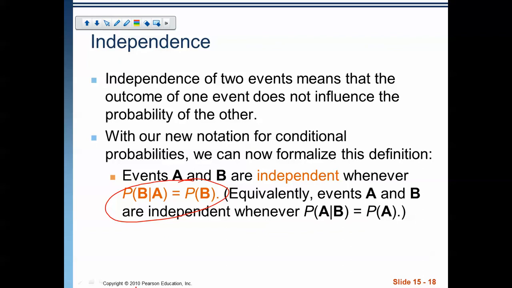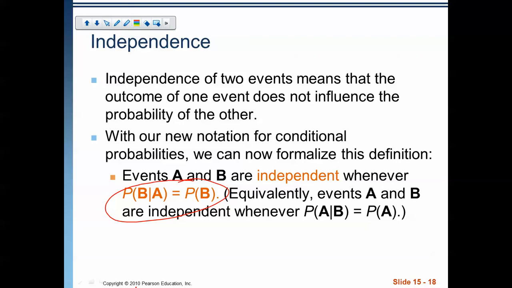Okay? If foreknowledge about event A changes the probability of B, then they're not independent. But if foreknowledge of event A does not change the probability of event B, then they are independent because those two things are the same. Right?